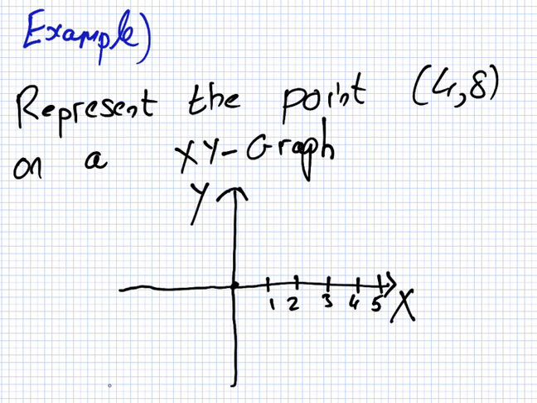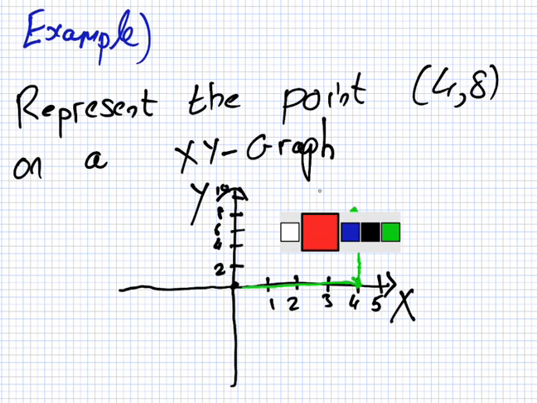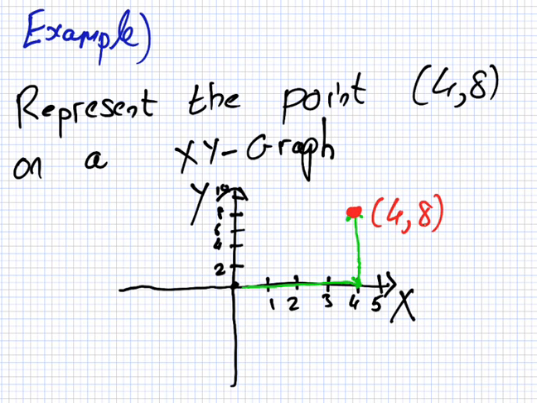On the Y, where do I have to go? 8. So 2, 4, 6, 8, 10. My point 4, 8 will be 1, 2, 3, 4, and then 1, 2, 3, 4, it goes up to 8. So here's my answer. Here is the point 4, 8.